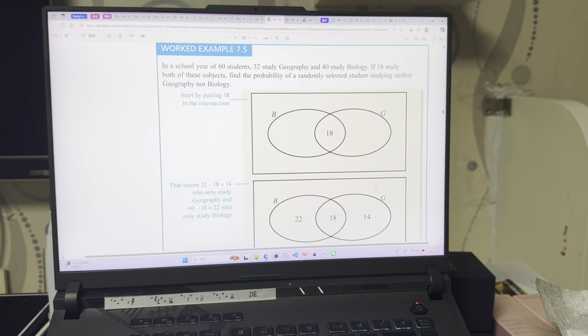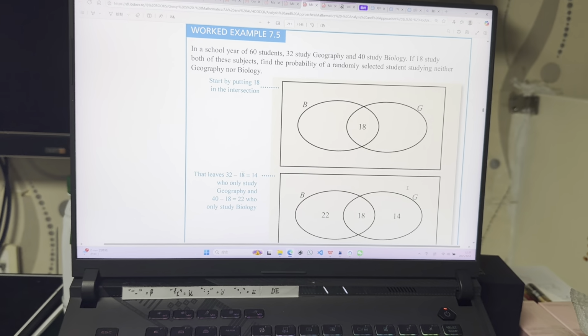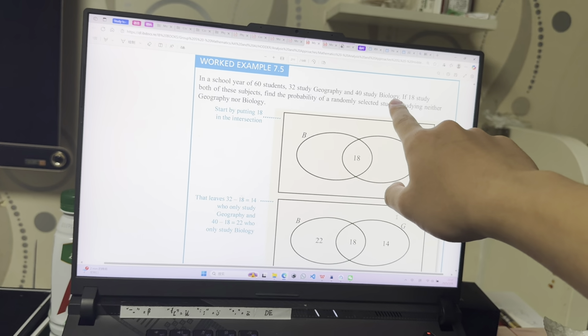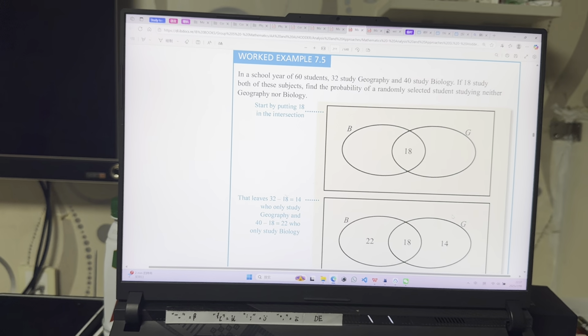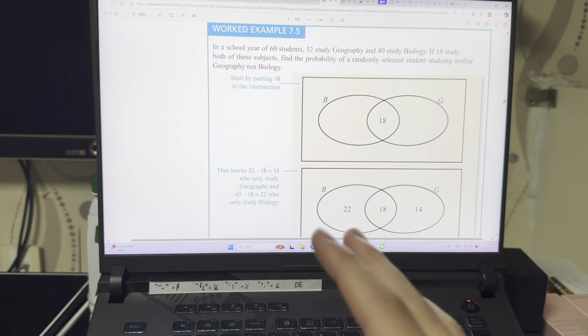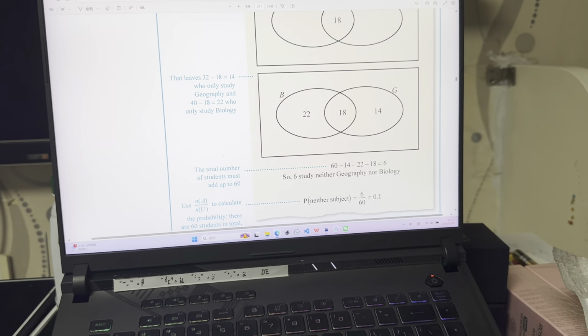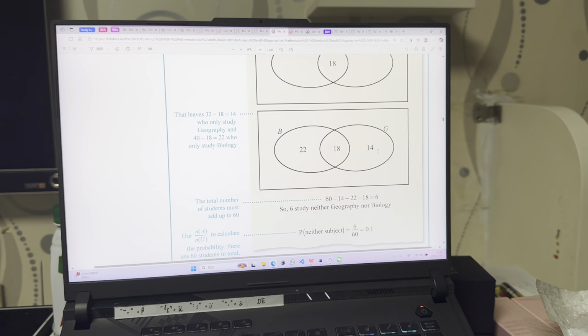Because in total we have 60 students, remember that it's possible some students learn neither biology nor geography. So just check: 22 plus 18 plus 14 is 54.